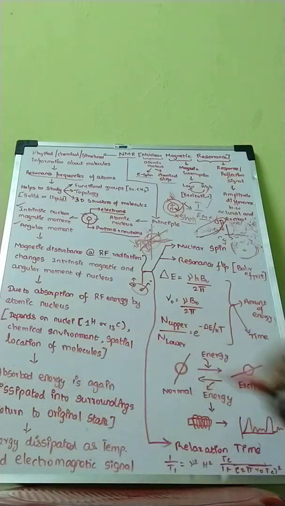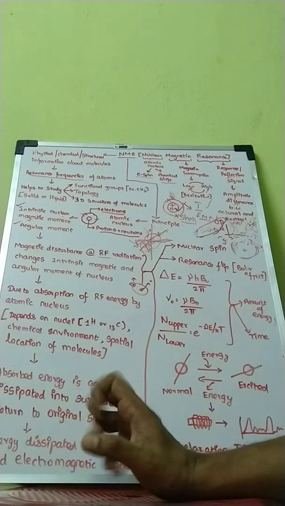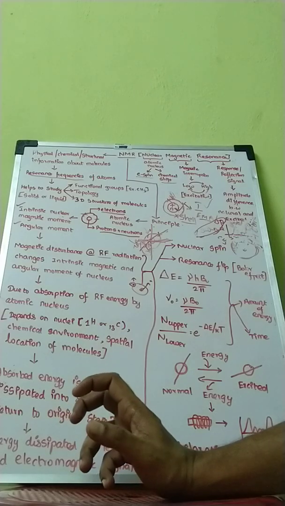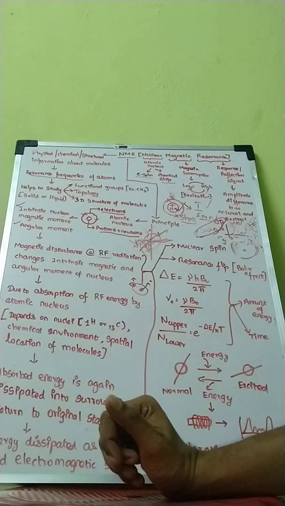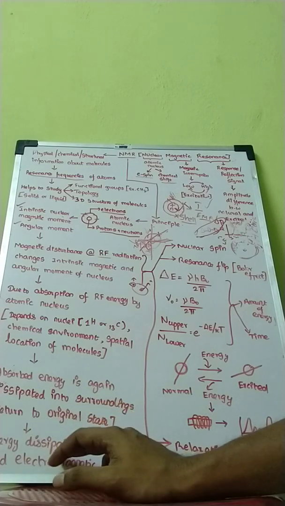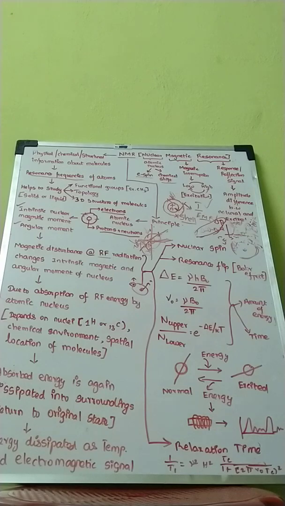The absorbed energy is released from the atom after some time. This process is called dissipation. This absorbed energy is again dissipated into the surrounding environment, either in the form of temperature or electromagnetic radiation frequency. So you are going to read this released energy using certain coils.